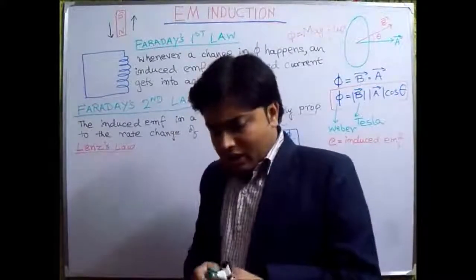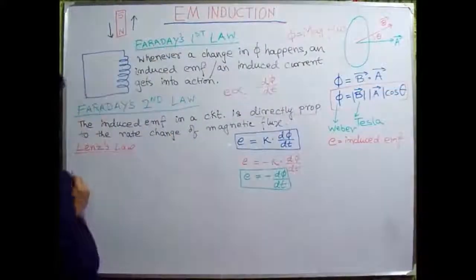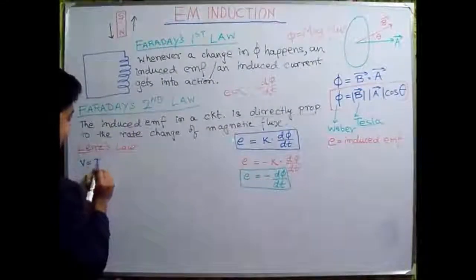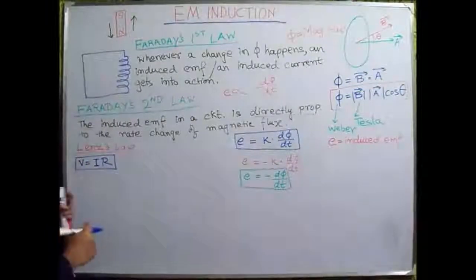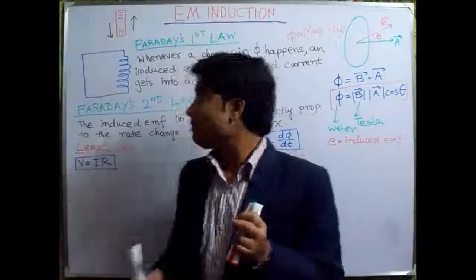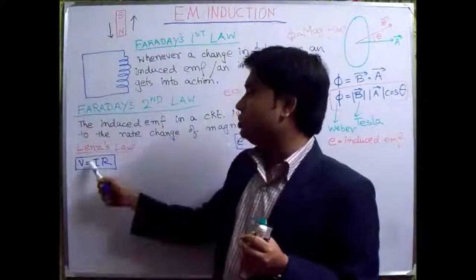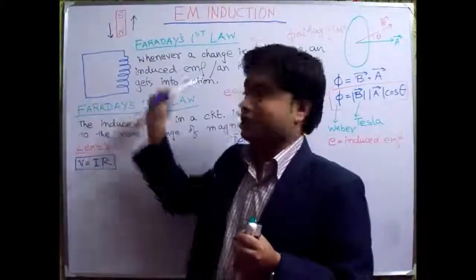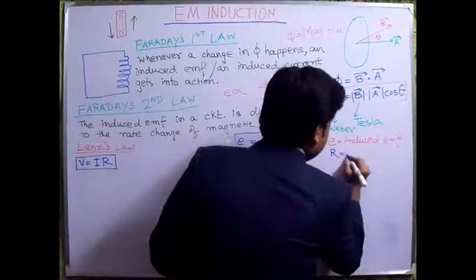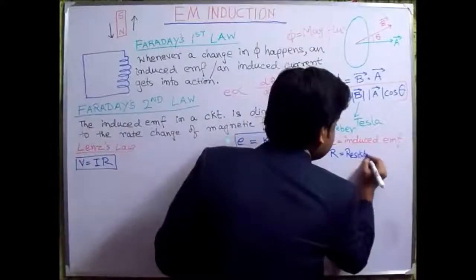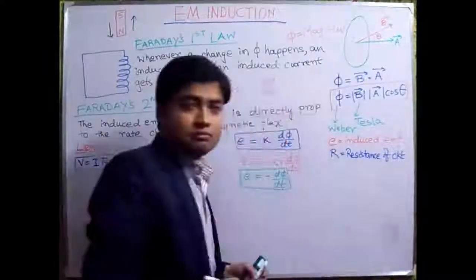Now, if we recapitulate the famous Ohm's law, which states that V equals IR, where V is the potential difference between two points. For example, these are the two points. This potential difference V will be equal to the induced current multiplied by the resistance of this entire circuit, where R is the resistance of the circuit, right?